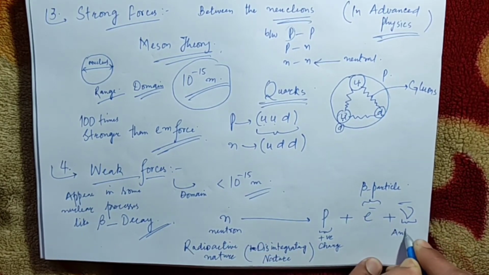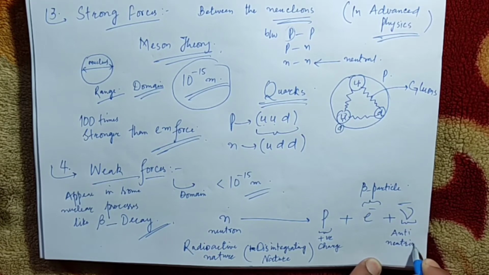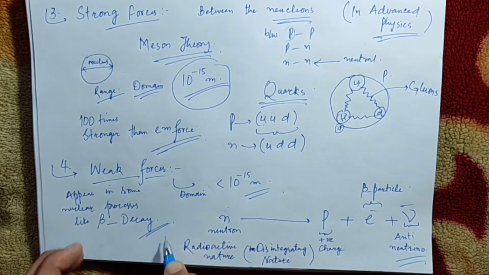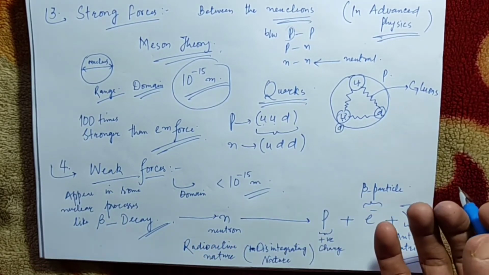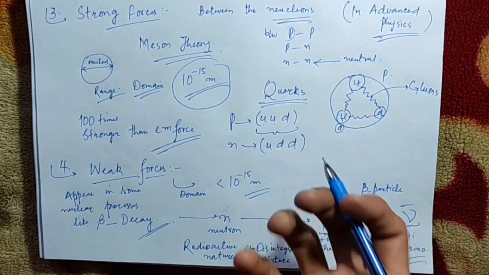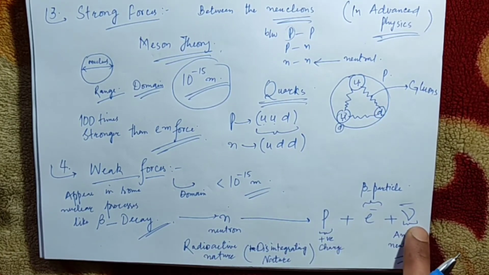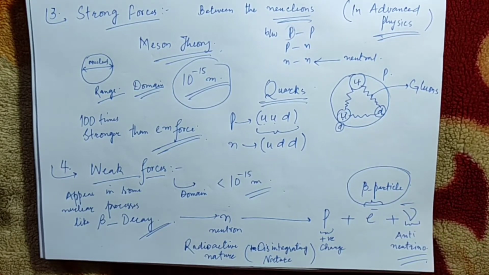This is called the anti-neutrino, in some sense the opposite of the neutrino. So this is beta decay. When a neutron decays in a radioactive nucleus, it gets decomposed into proton plus electron plus anti-neutrino, and this beam forms the particles called beta particles.